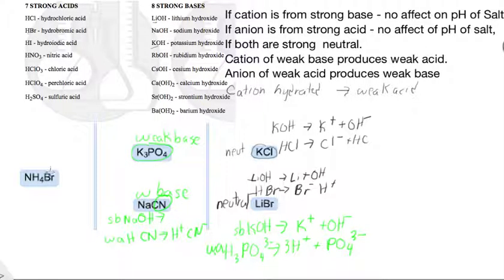And the bromine came from a strong acid. Okay, so that's a strong acid. But where did the ammonia come from? Well, the ammonia came from a weak base.